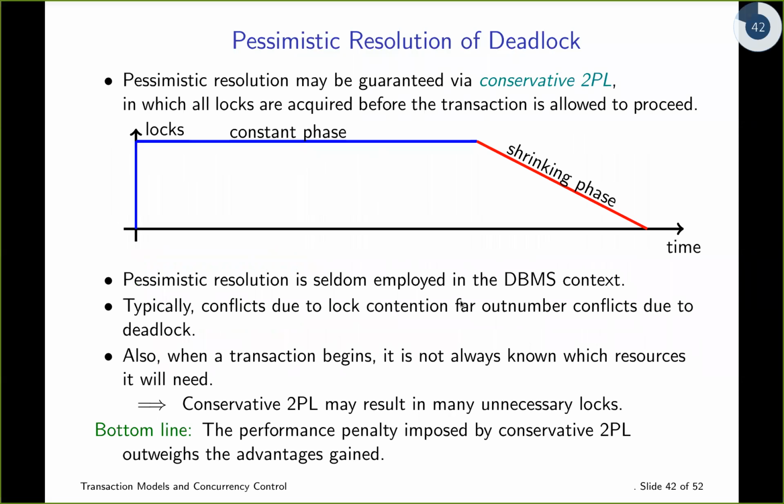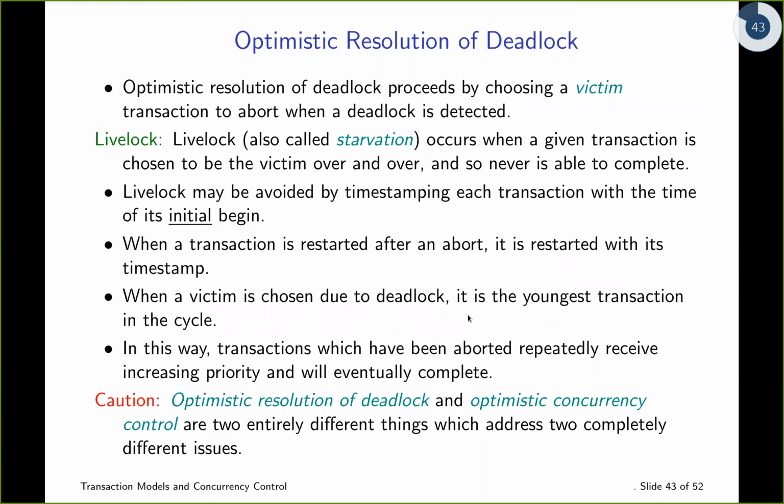All right, pessimistic resolution of deadlock is not realistic, so we're not going to talk about that. Optimistic, okay. So if you're going to do a lot of restarts of transactions, in other words, they're getting aborted, what you want to do is restart them with their old timestamp, and when there's a tie, always kill the younger one.